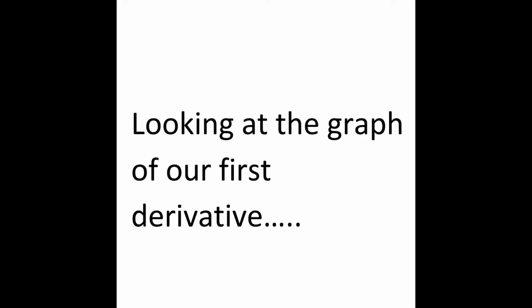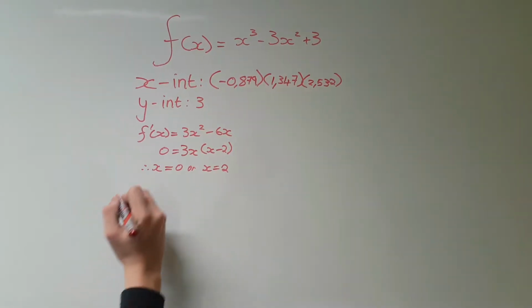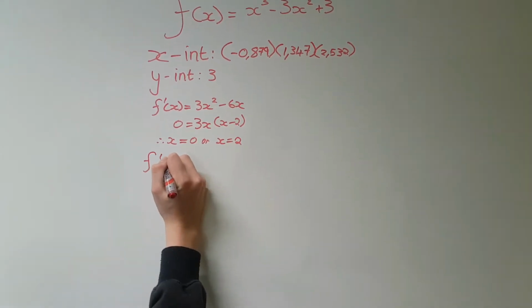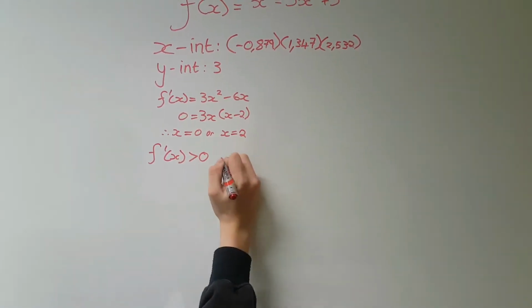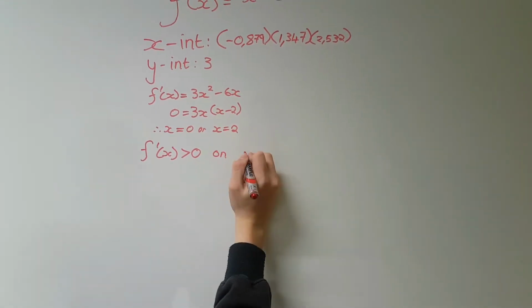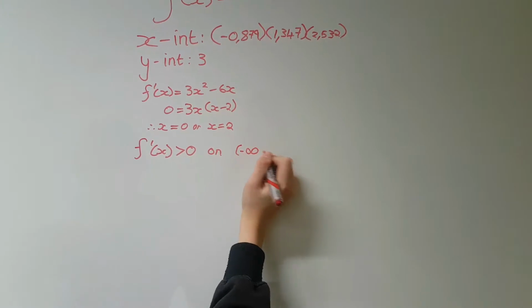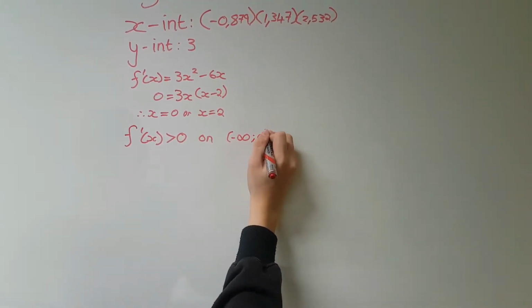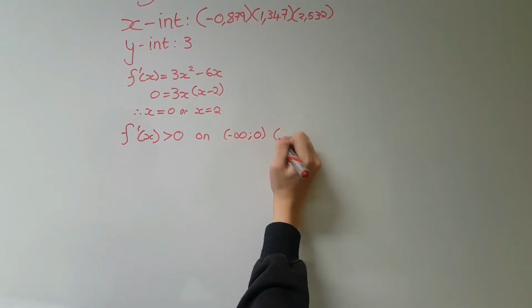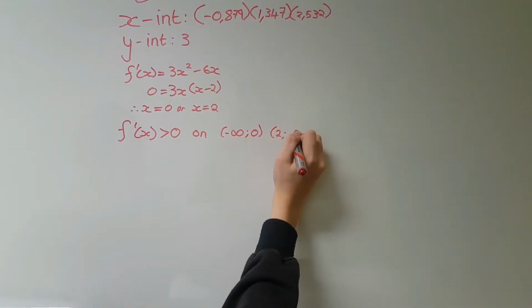Looking at the graph of our first derivative, we know that f prime of x is greater than 0 on the interval negative infinity to 0, and 2 to infinity.